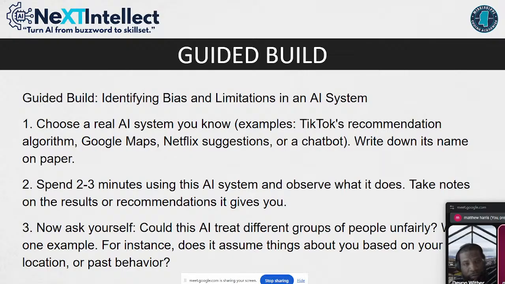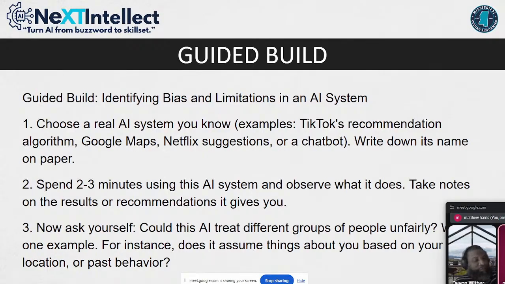So, the guided build for identifying bias and limitations in an AI system was to choose a real AI system, such as TikTok recommendation algorithm, Google Maps, Netflix, other video services, or a chatbot. Write down its name on paper or type it in the chat and spend 2 to 3 minutes using this AI system and observe what it does.